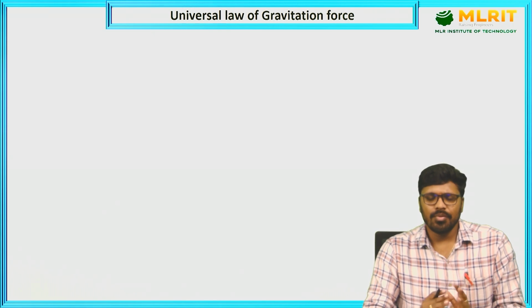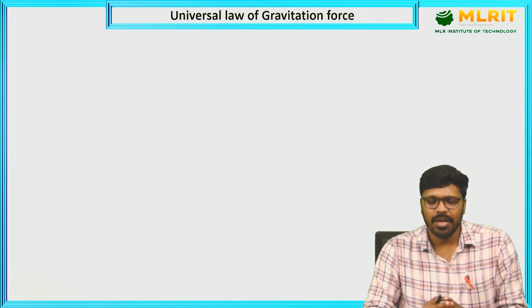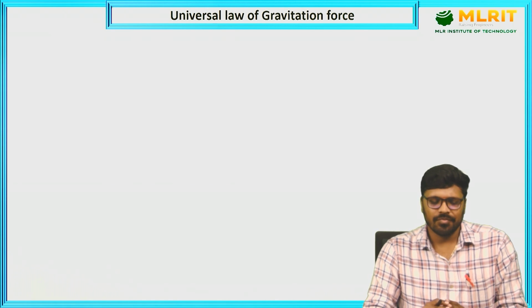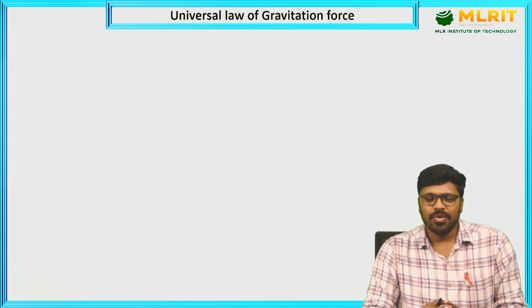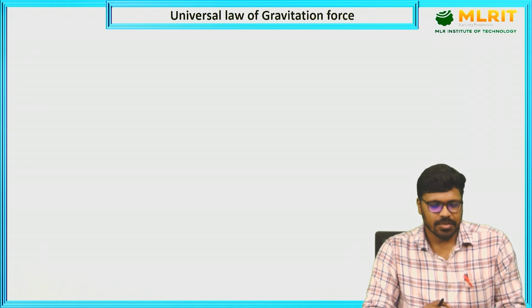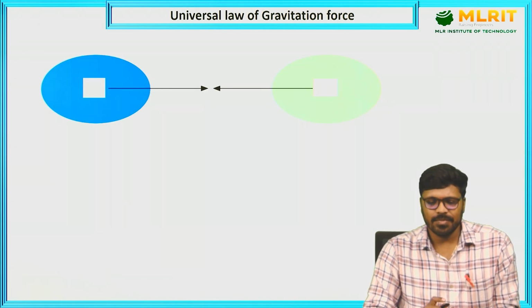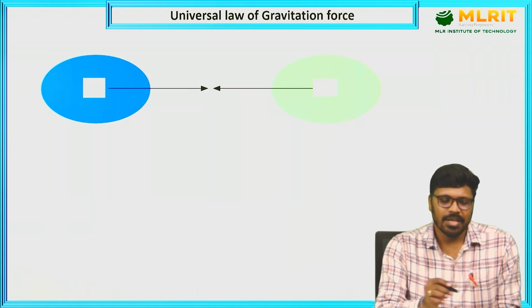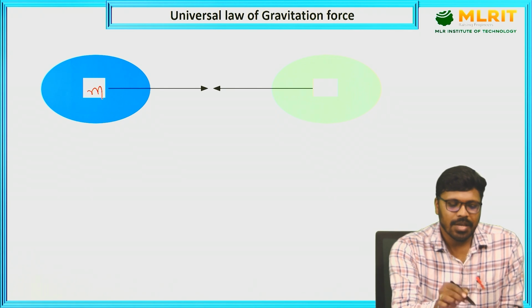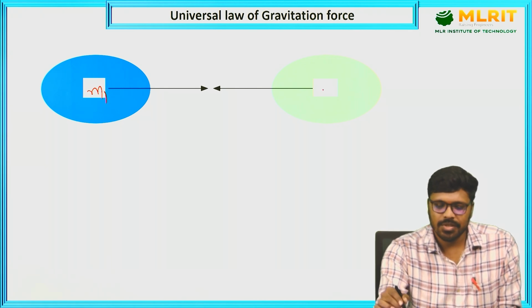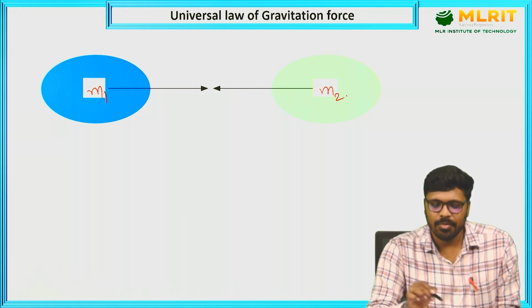So how do you understand and calculate this gravity, and how do you apply it? This is explained by Newton's universal law of gravitational force. He explained that you can consider two bodies: this is body m1, and this is the second body which has mass m2.